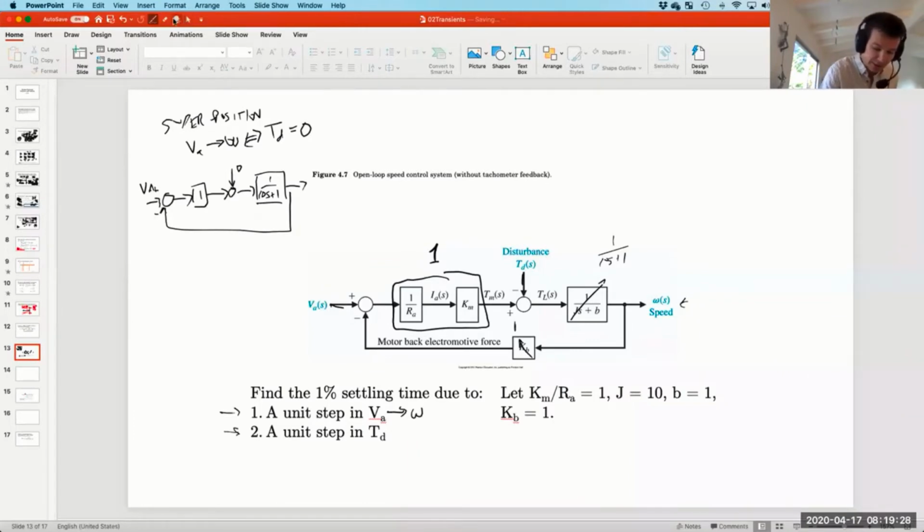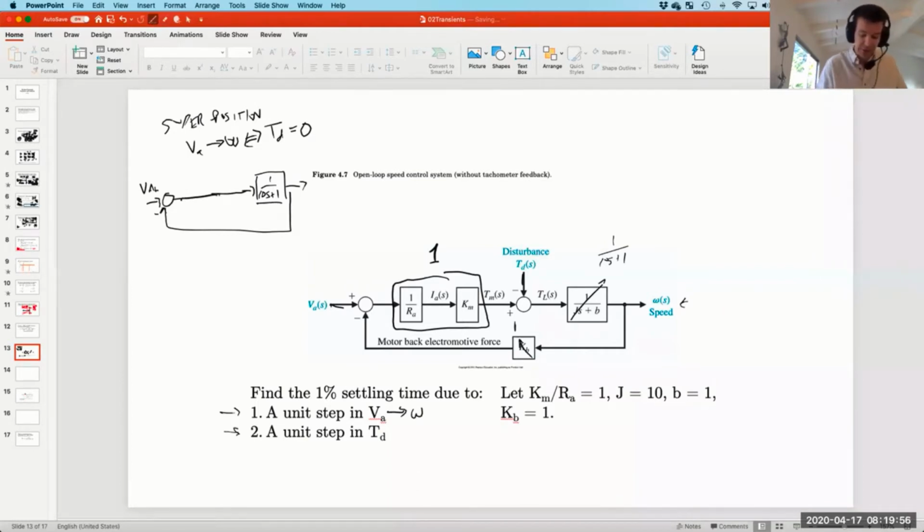What I'm trying to say is that if I have this summing junction, but I'm always summing 0, that's not even a summing junction, is it? Because if I take the T_m signal and I subtract 0 from it, I get the T_m signal, so there's nothing to do. And then this block is unity, so it also doesn't need to be there.